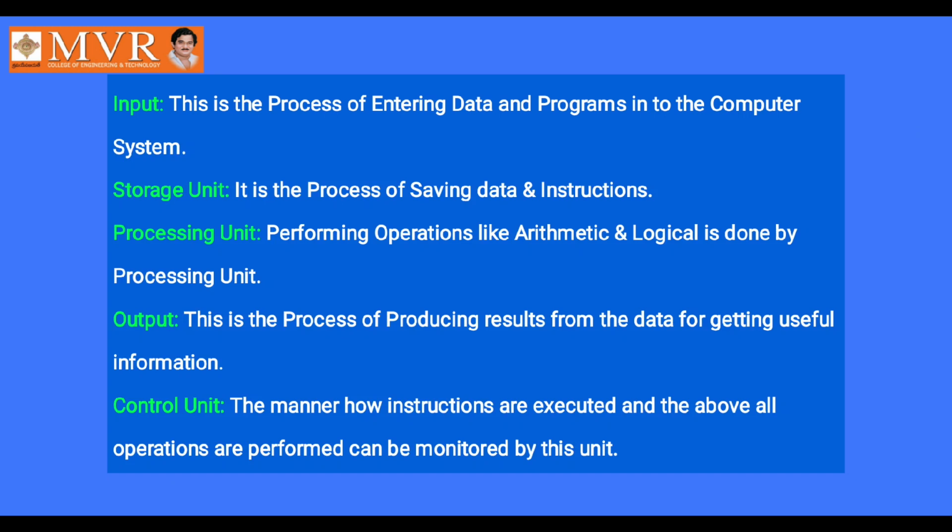Now let us discuss these 5 units. First one, input. Input is the process of entering the data and instructions. I told you in the very beginning that a set of instructions is called a program.